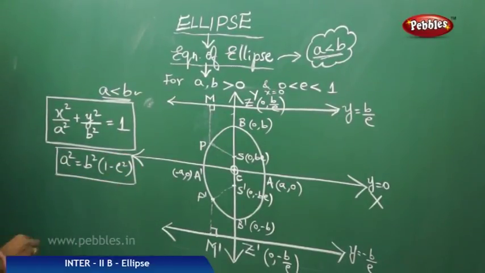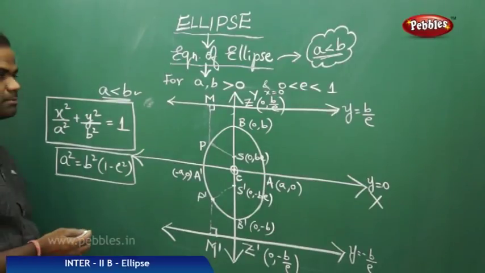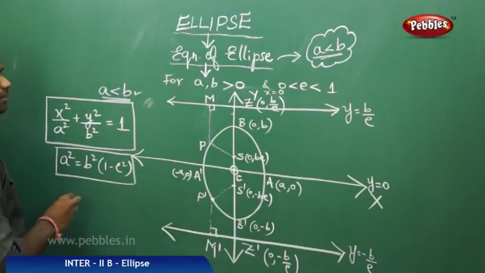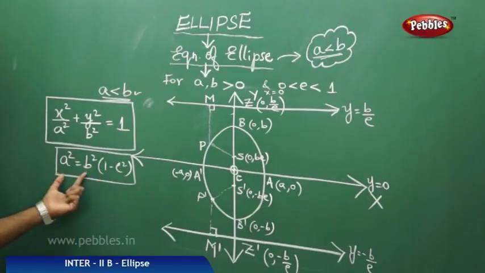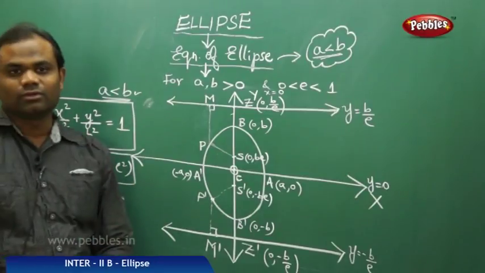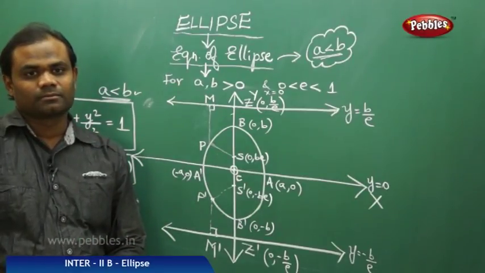We clearly see that the ellipse from the previous case, for a greater than b, has shifted to a less than b, where a square and b square are interchanged, and therefore I get the condition a square equals b square times (1 minus e square) for this ellipse.